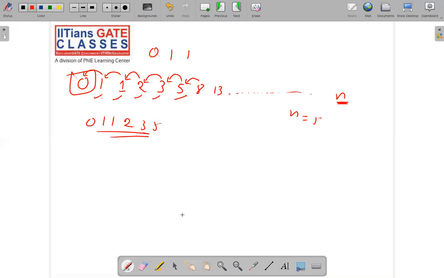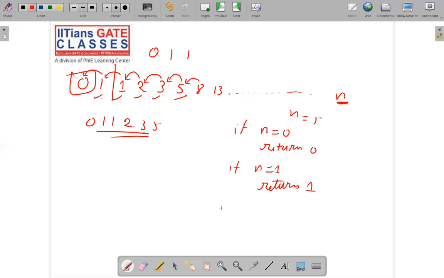Yes, we can. From this point, the base condition is: if n is equal to 0, return 0. If n is equal to 1, return 1.